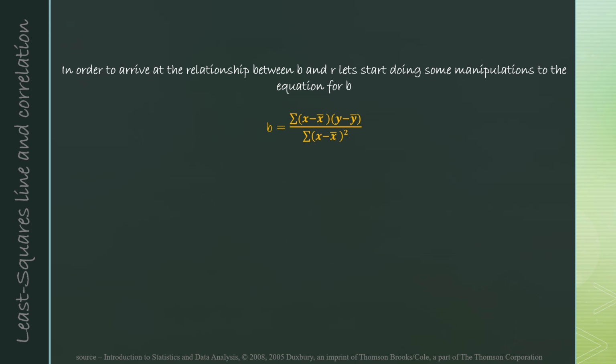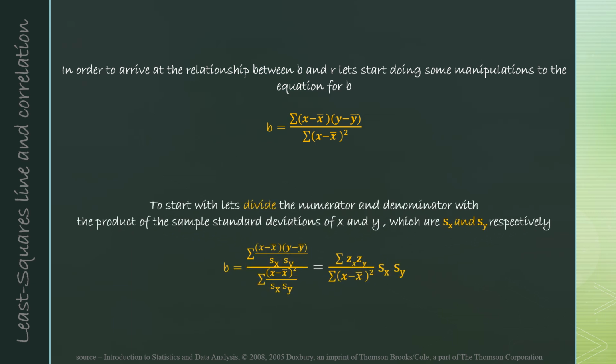In order to arrive at the relationship between b and r, let's start doing some manipulations to the equation for b. To start with, let's divide the numerator and denominator by the product of the sample standard deviations of x and y, which are Sx and Sy respectively.